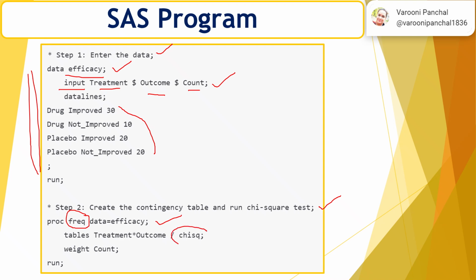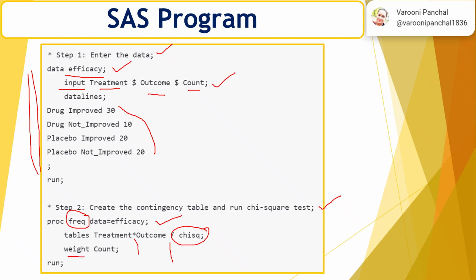This chi-square is a particular option that you have to use in the TABLES statement, so that PROC FREQ will perform the chi-square test. Now this is treatment * outcome. If you don't put this star, you will not get the result. Again, if you don't put this slash, you will not get the result.